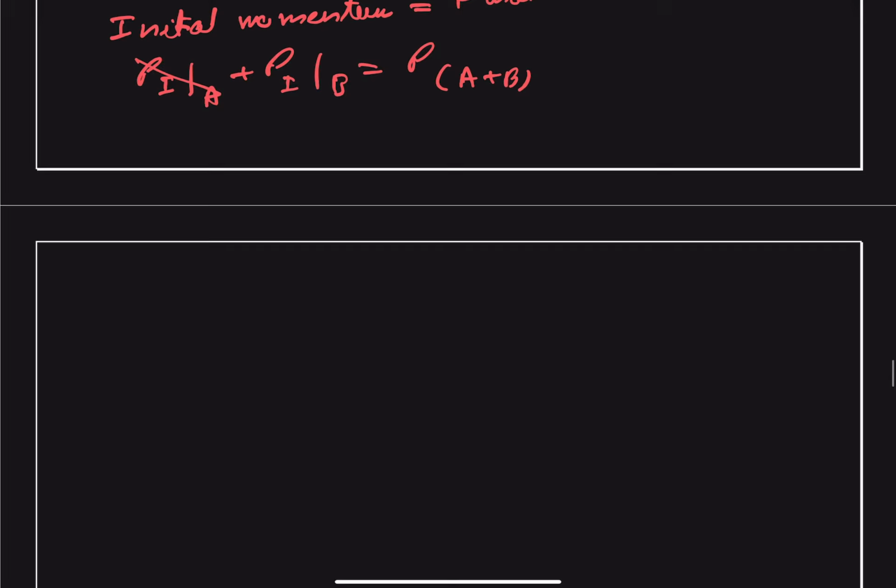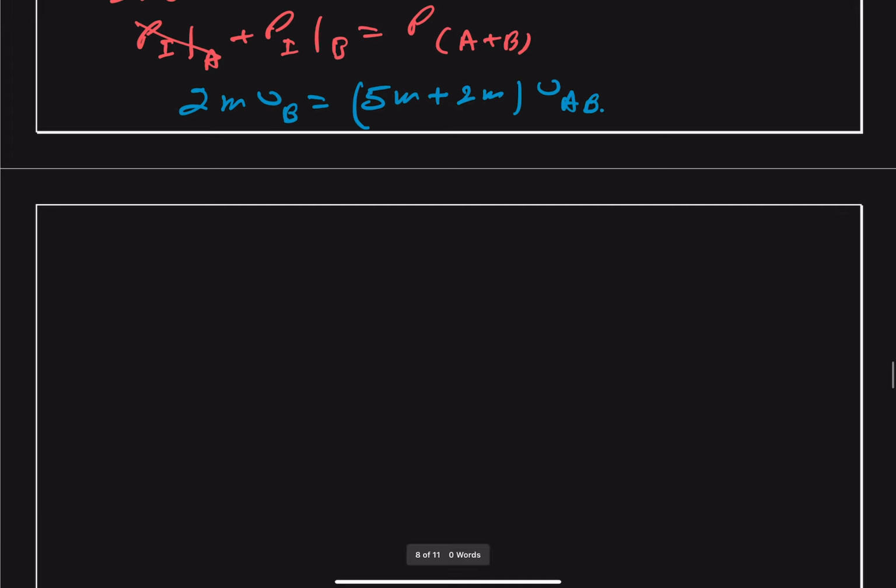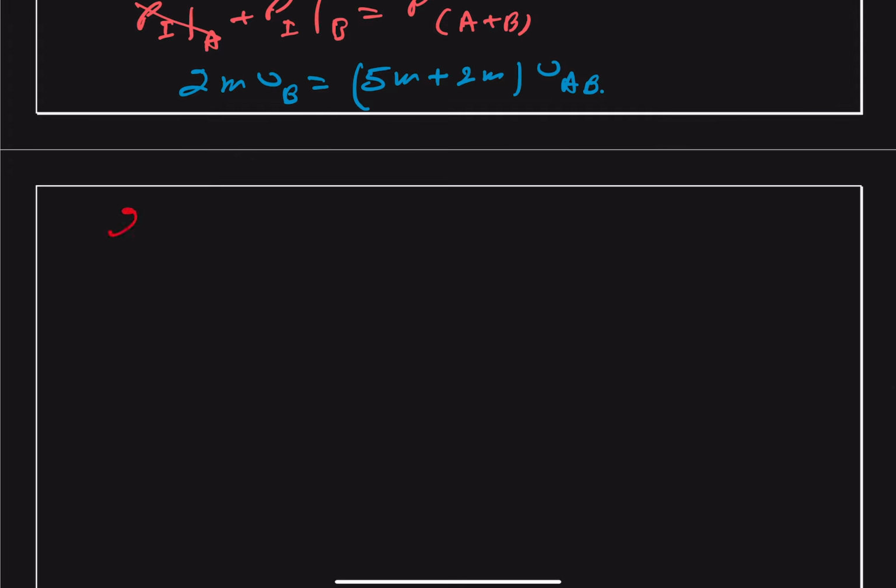Therefore momentum of B is 2m Vb, and A and B move together, so this is 5m plus 2m, and we have this as VAB. Now it is a simple calculation. This gets us 2m Vb is equal to 7m VAB, and m cancels out.